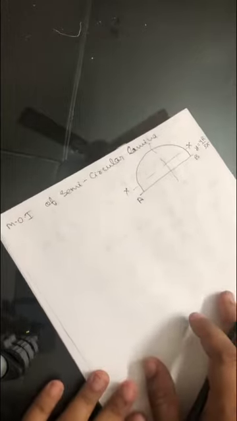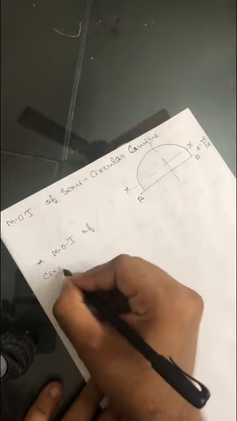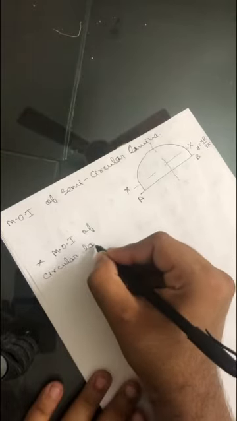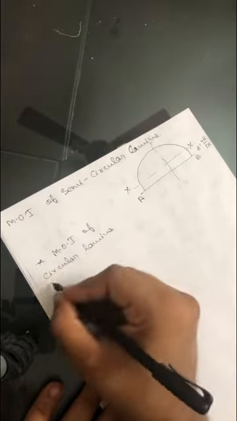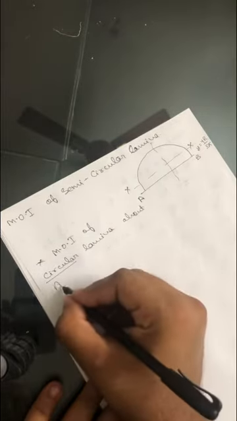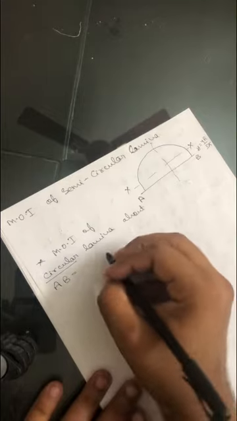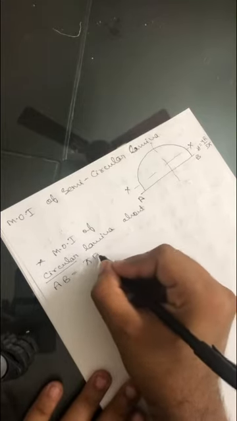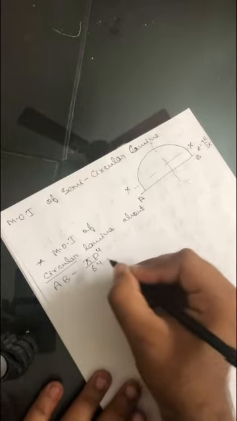So now we learn how to find the moment of inertia of a semicircular lamina. Once we know the moment of inertia of a circular lamina, remember, for a circular lamina about AB it is pi d^4 by 64.